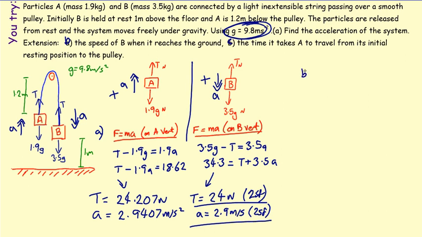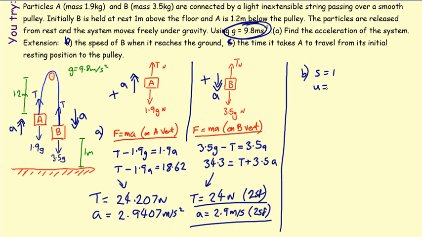So here, part B, we're being asked to find the speed of B when it reaches the ground. So here, B has got 1 meter to fall, and we now know the acceleration of that. So we're going to use SUVAT, the constant acceleration formula. So we've got 1 meter to go.